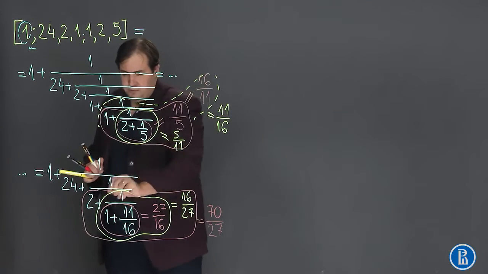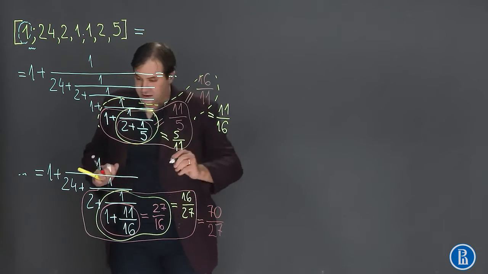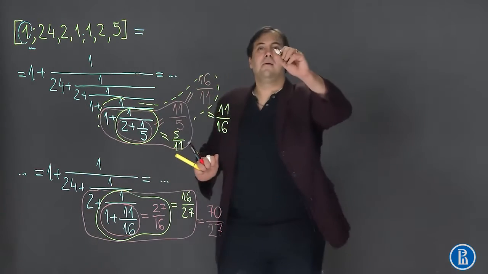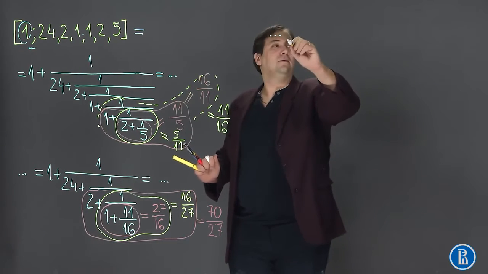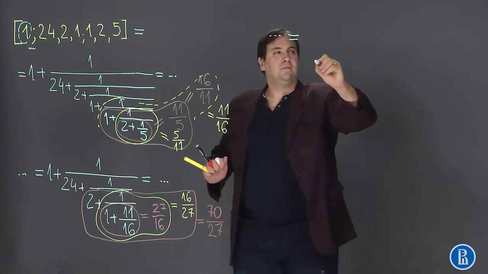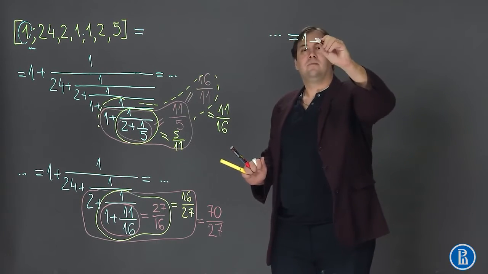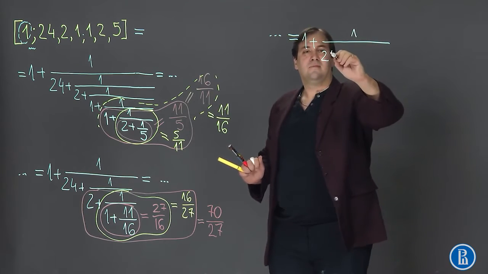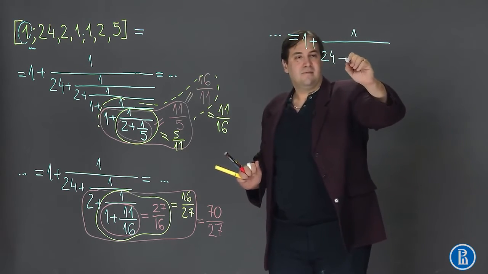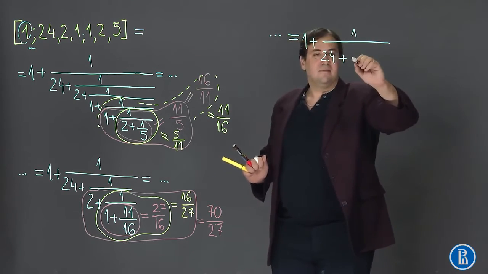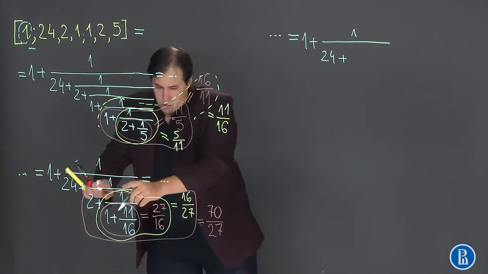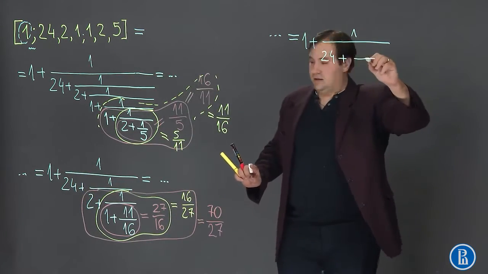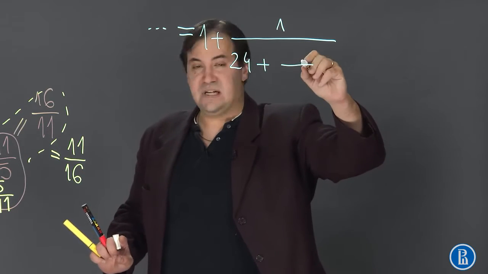And now let's rewrite this fraction one more time. Here we have 1 over 70 over 27, so we can just simply write 27 over 70.